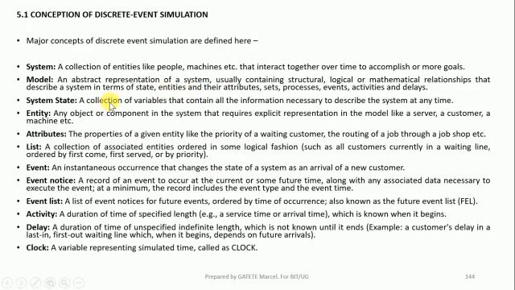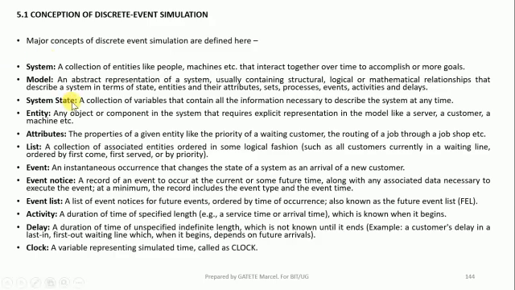So what is the system state? It is the state of the system at any point of time. It is the collection of variables or information necessary to describe the system at any time. It means that the system state changes from time to time. For example, at 9:30 the system has 20 customers, and at 10 o'clock the bank has a different number of customers.